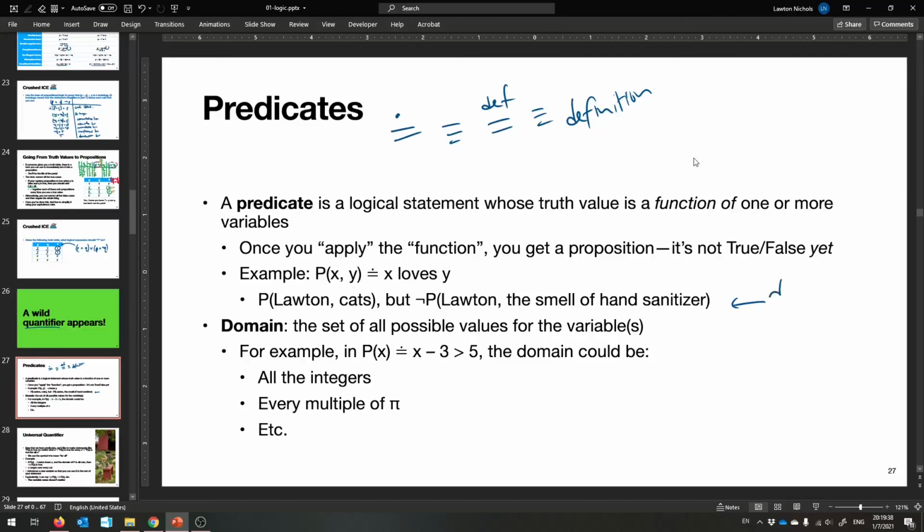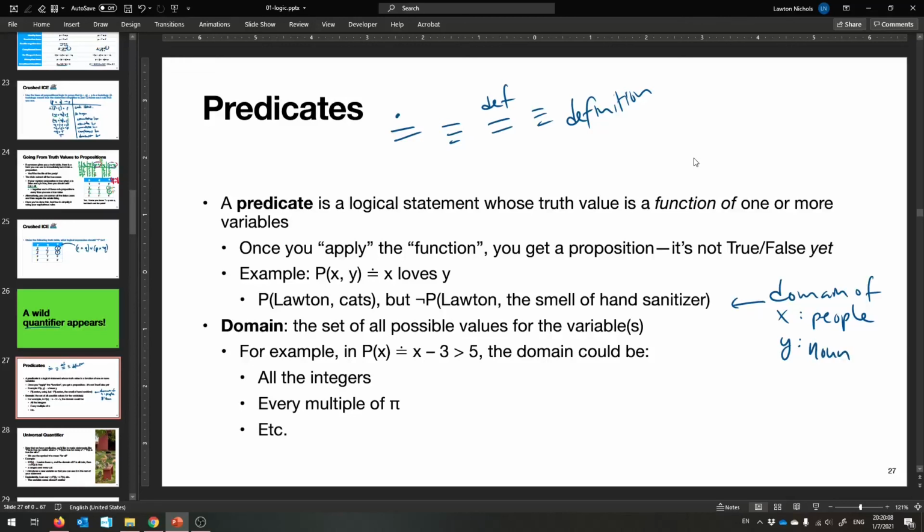So the domain of X is, I guess, people. We can assume that it's people, humans. I guess cats can like things too, but we can choose our domain. Okay, so I'm declaring that the domain of X is people, and the domain of the Y propositional variable in the P predicate is any noun in the world.